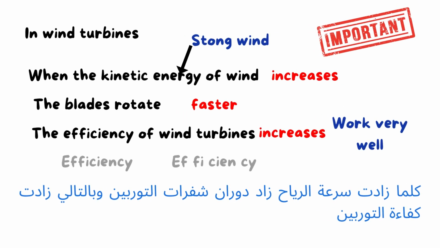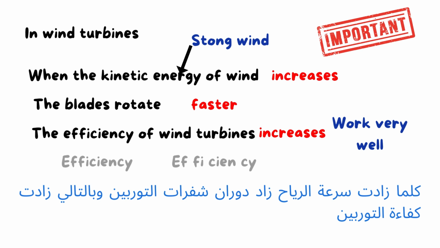So here we have an important part. Keep your attention with me on this point. In wind turbines, when the kinetic energy of wind increases, what does this mean? Yes, it's a very strong wind. It moves very fast, so it has more kinetic energy. So when the kinetic energy of wind increases, it causes what?